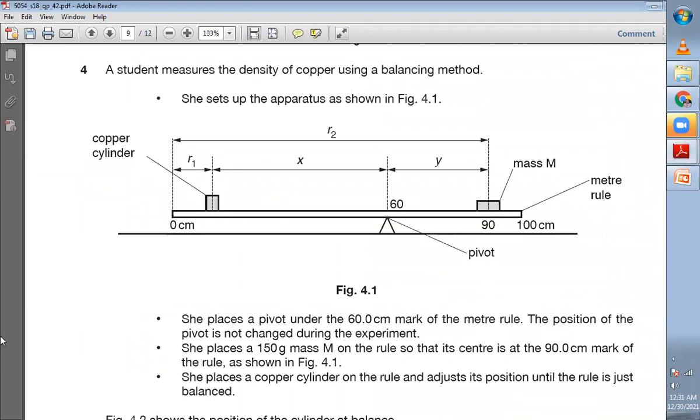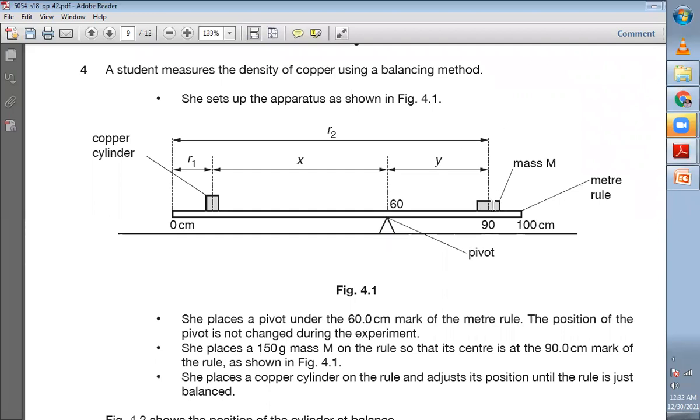He says a student measures the density of copper using a balancing method. He sets up the apparatus as shown in the figure 4.1. So you can see here we have a pivot, and it's that 100 centimeter rule, and the pivot is at the 60 centimeter mark.